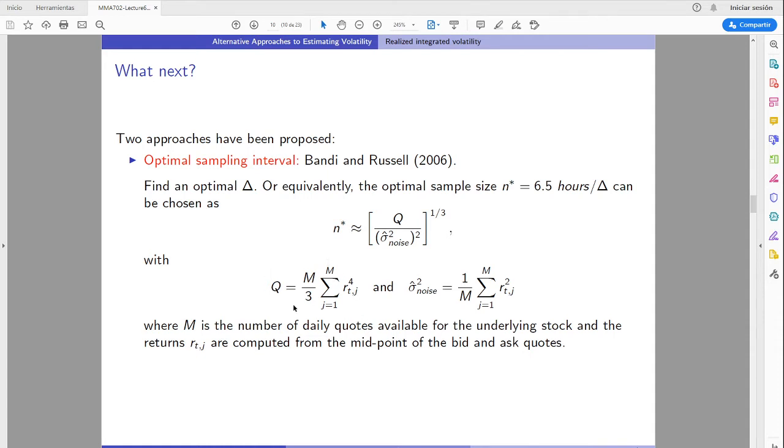This is a bit twisted, but this is essentially there. Here m is the number of daily quotes available for the underlying stock, I mean how many instances of data you pick here, and these results are computed from the midpoint of the bid and ask quotes. You take bid plus ask divided by 2, that's your estimated return, sorry.